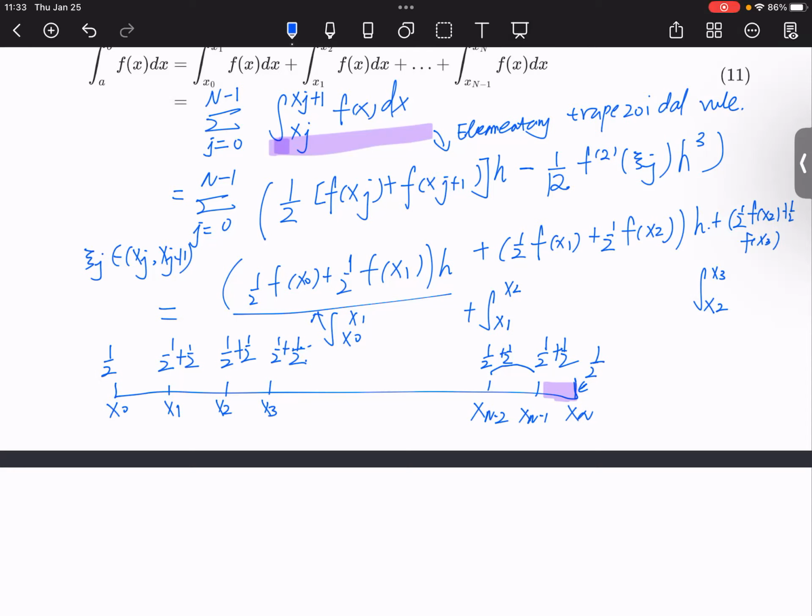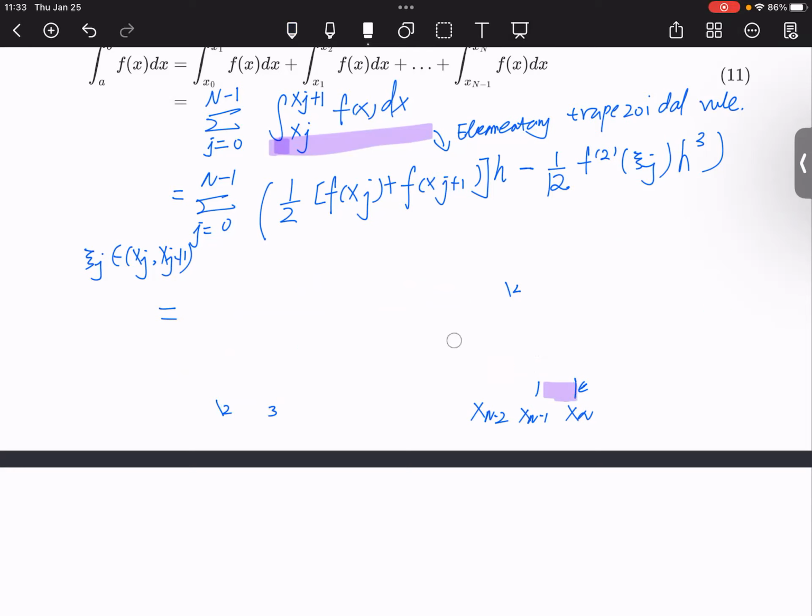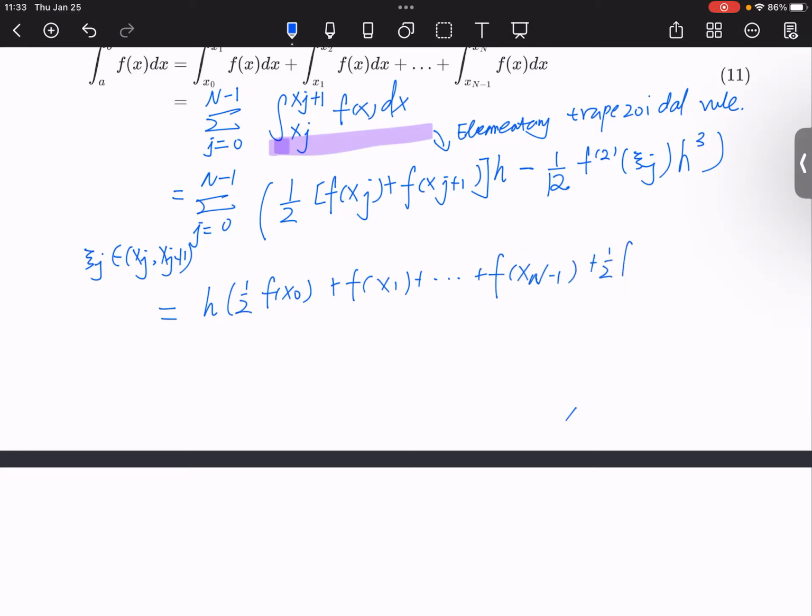So I'm going to erase all the things because we have already analyzed how the coefficients look in the formula. Now if we expand the formula, we get h times 1/2 f(x0), then f(x1), and all the way to f(x_{n-1}), and then 1/2 f(xn).